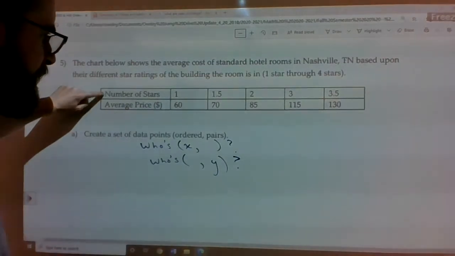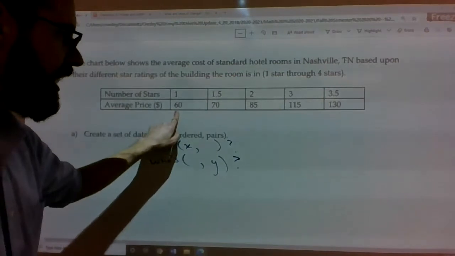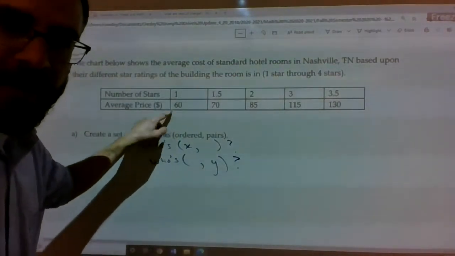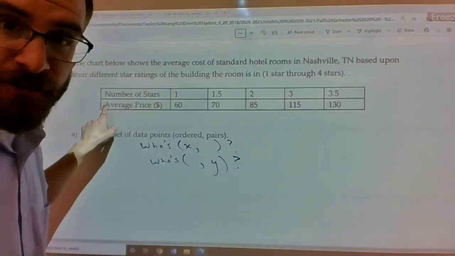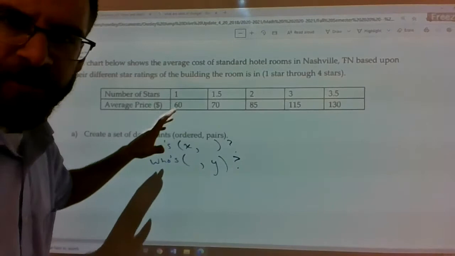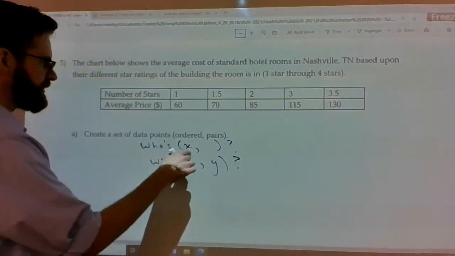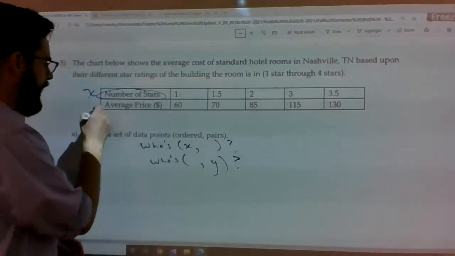Right here, we're saying that the number of stars a hotel gets will probably affect the price, right? It's sort of like the number of stars is our time, and the average price in dollars is sort of like our dependent variable. So, the X is the number of stars. The Y is going to be the average price.